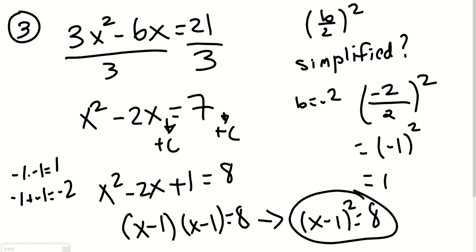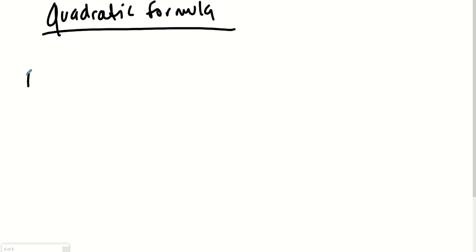Okay, so let's do a quadratic formula one for section 11.3. For those of you who haven't done so. So for the quadratic formula, I'm only going to show one because it's going to take forever. Let's see.